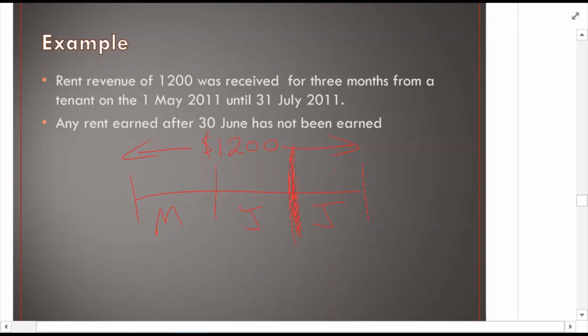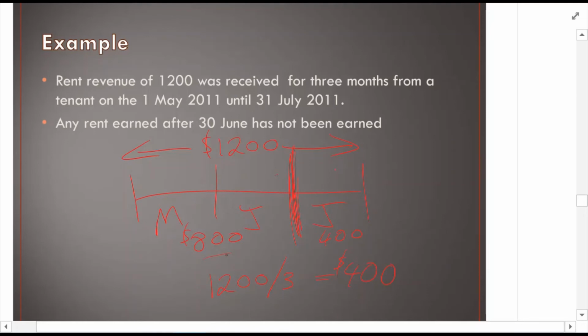So we've got 3 months. Simple way to do it is $1,200, divide that by 3. That should equal about $400. Okay, so it's $400 per month. So it's 400 here, belongs in this month, and we've got another 800 belongs in these 2 months. Okay, so it's 400 by 2, in case you're wondering.